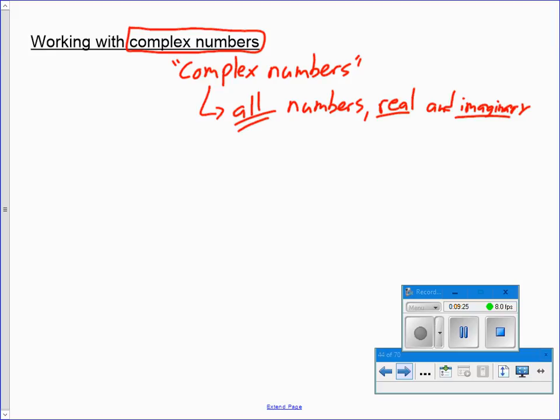So the way complex numbers look is they have this form, a plus bi. So a and b are both real numbers. a is called the real part, and bi is called the imaginary part.